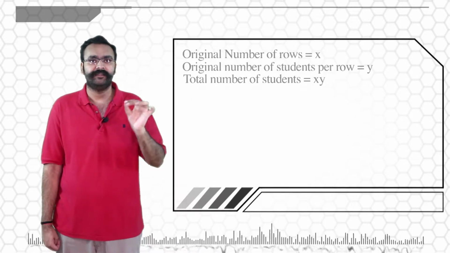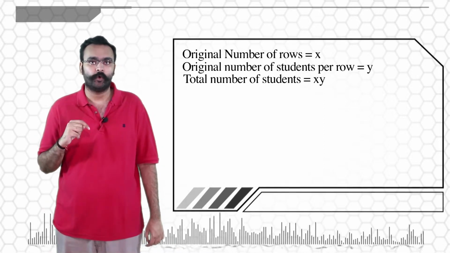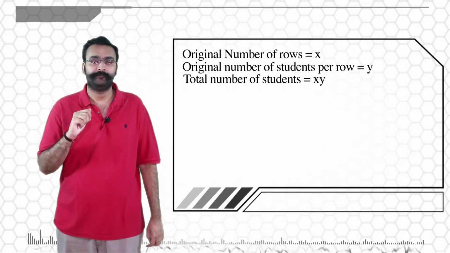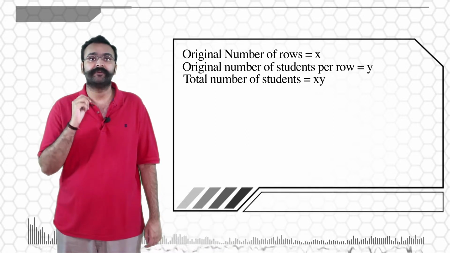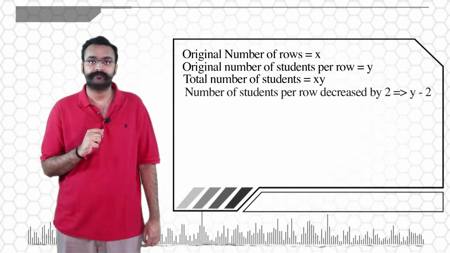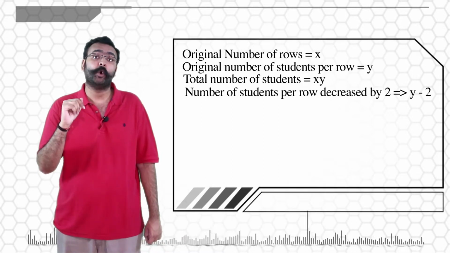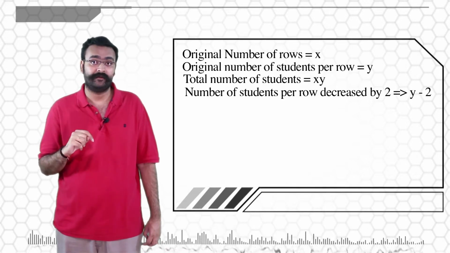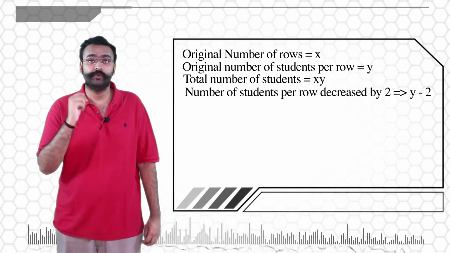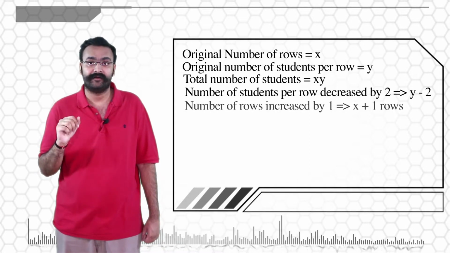Now, in the first scenario, number of students per row reduced by 2, which means the number of students per row in this case will be y minus 2. And because of that, the number of rows increased by 1, which means the new number of rows in this case must be x plus 1.